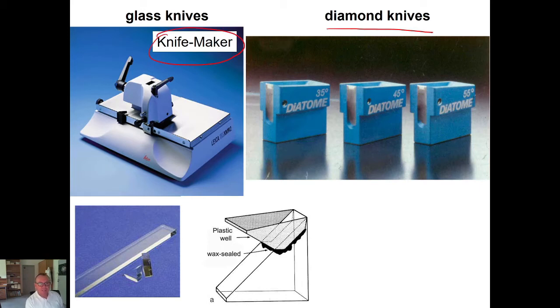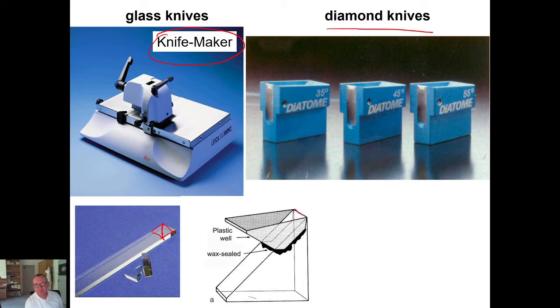The knife maker breaks long strips of glass into squares, and these squares are then broken once more diagonally into two triangles, and this triangle is a knife.